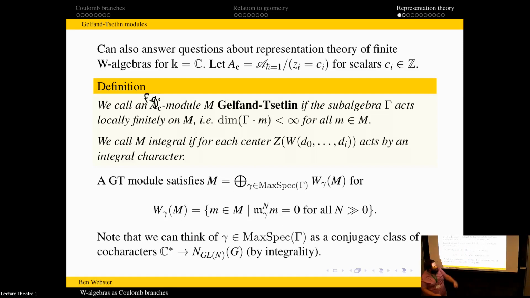I can look at the guys that are killed by powers of maximal ideals, and I always want maximal ideals that are indexed by integer values. Makes my life much easier. In particular, when I do that, I can think of a point in max spec as a conjugacy class of cocharacters.